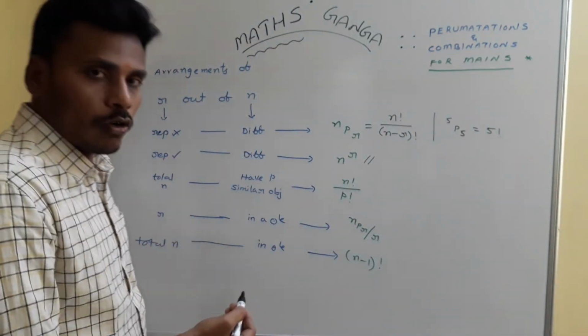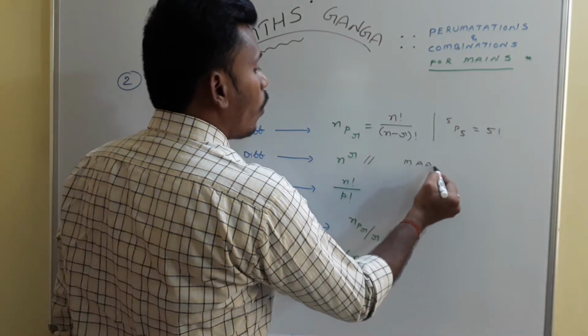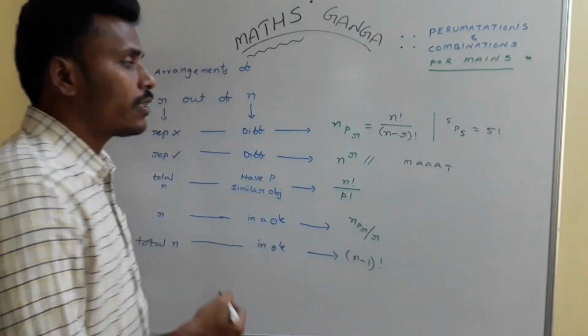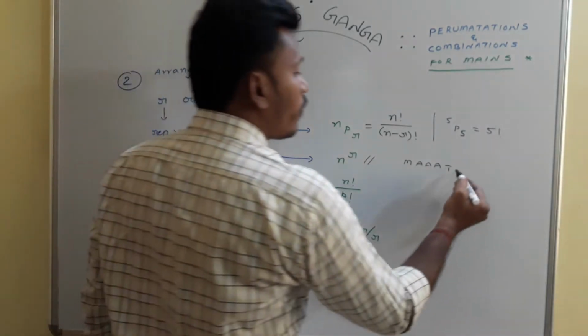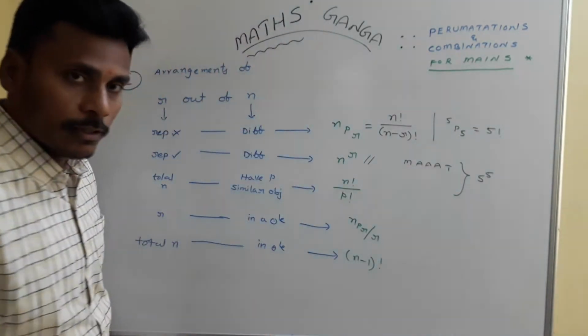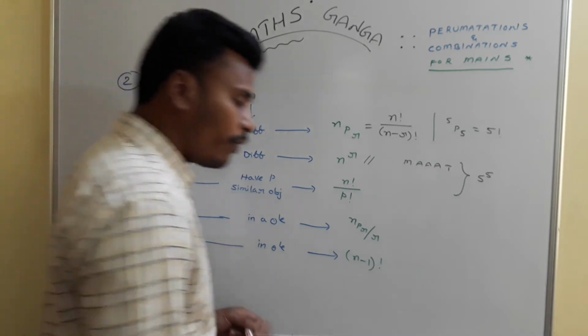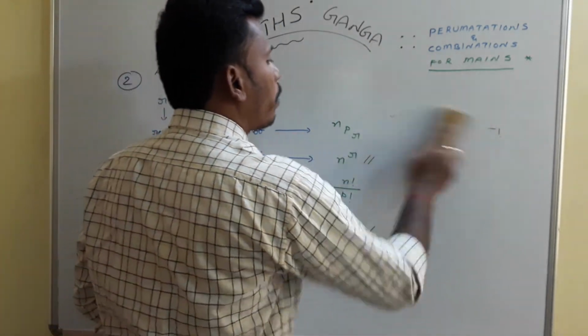If repetition is allowed, that means there are certain words where A can be used any number of times, M can be used any number of times. If repetition is allowed, then it can be done in 5 power 5 ways. So if repetition is not allowed, we need to utilize NPR. If repetition is allowed, we will use N power R.